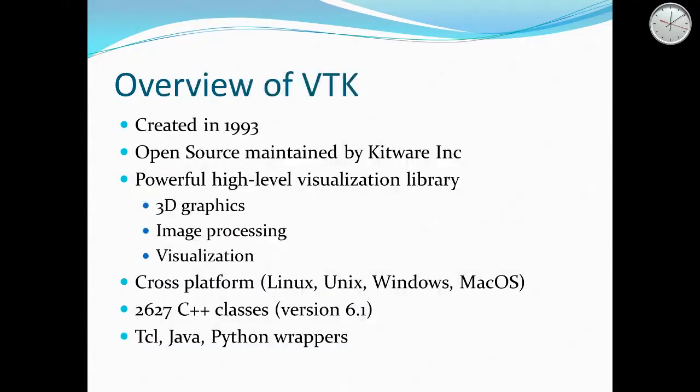So let's take a quick look at VTK. VTK right now is 21 years old. It's open source, maintained by Kitware, and it's a high-level visualization library providing powerful 3D graphics, image processing, and visualization functionalities.